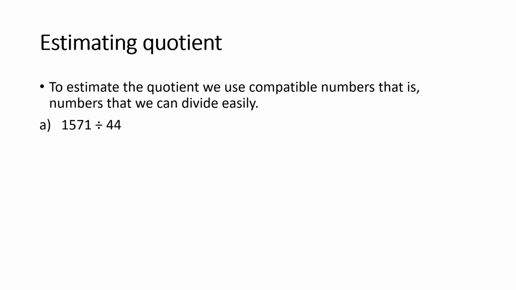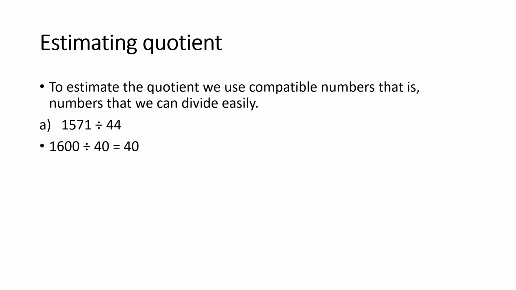Compatible numbers means for 44 we can round off as 40, and for 1571, the nearby compatible number for 40, so that it will be fully divisible, can be 1600, right? 1600 divided by 40 equals 40.